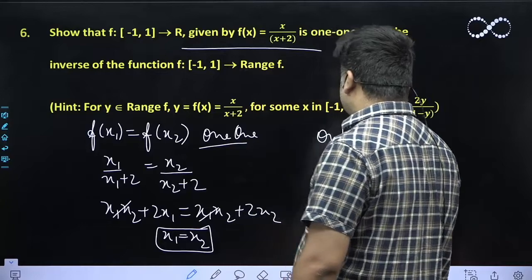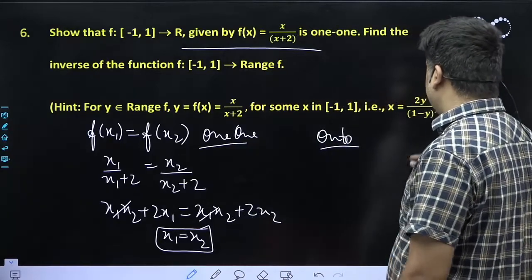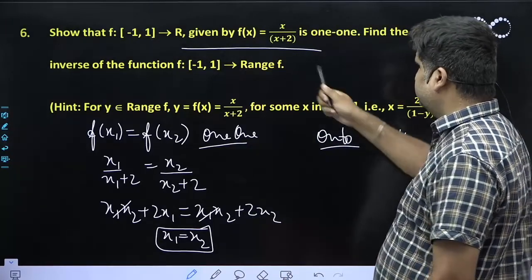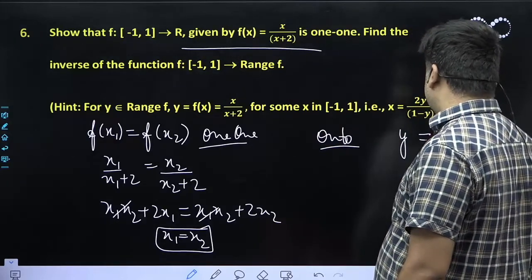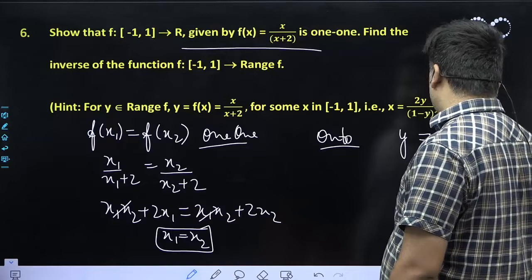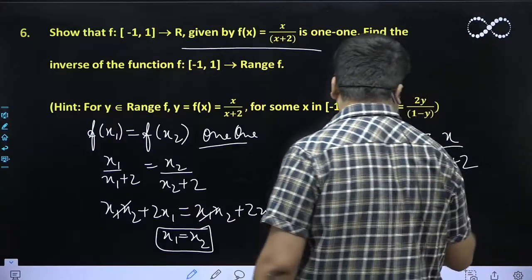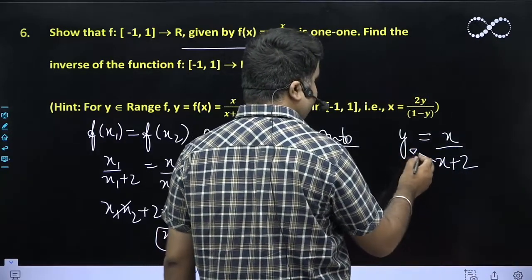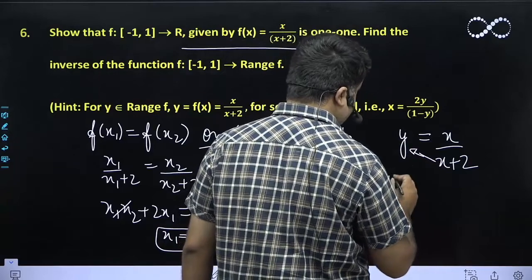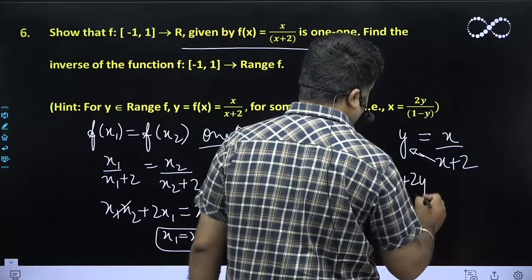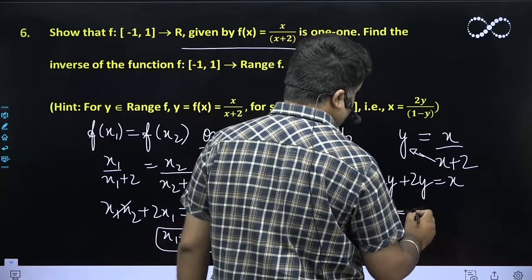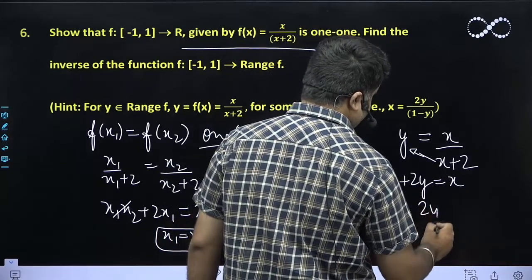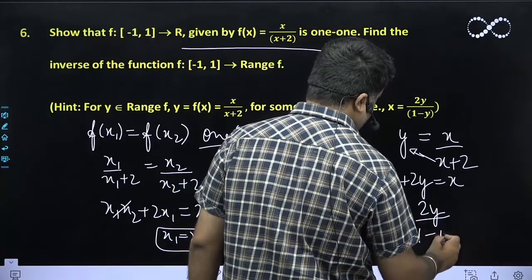To prove that this function is an onto function, what we do is we suppose this f(x) is equal to y. Now this becomes x upon x plus 2. We cross multiply and we calculate the value of x here. So we get xy plus 2y is equal to x. x is equal to 2y upon 1 minus y.